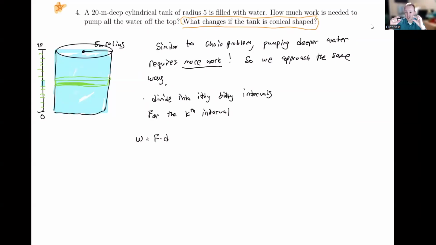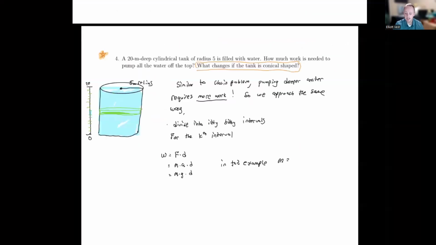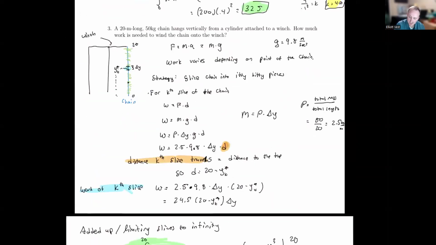What is the work required to remove that slice of water to the top, or pump up that slice of water to the top? Well, again, force is equal to mass times acceleration. Again, what are we working against? We're working against gravity, so acceleration is just g, which is 9.8. In the case where we had a small uniform chain, mass is just density times length.